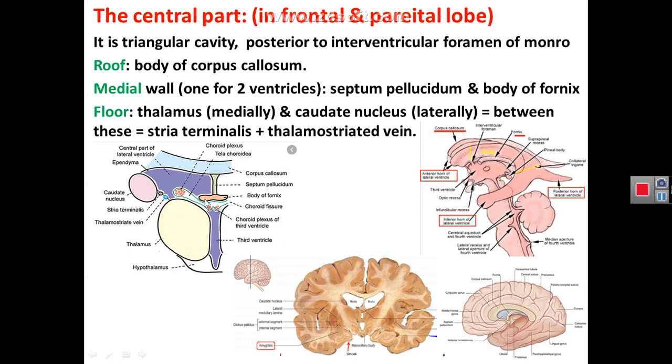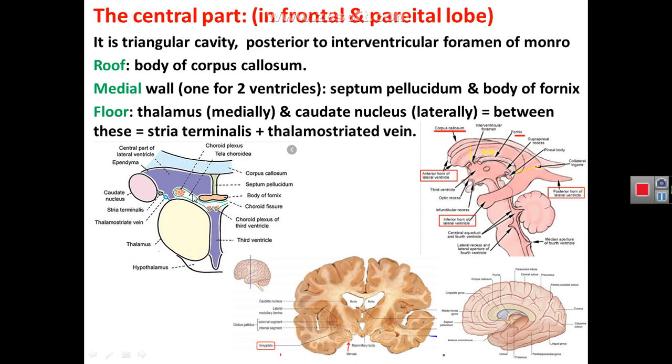You can see that below the fornix is a groove or a fissure between the fornix and the thalamus. This fissure is called the choroid fissure because it allows a fold of pia to pass deep to the fornix.